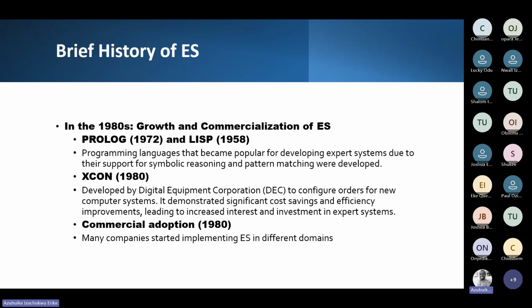Then, still in that 1980s, there was this commercialization such that many companies started implementing expert systems in different domains. So this is a little thing that we can talk about the brief history of the expert system.